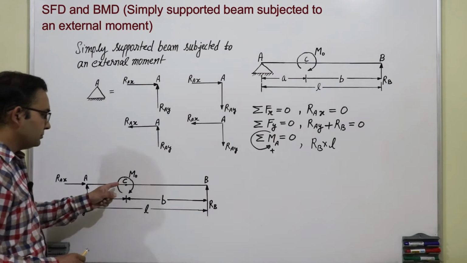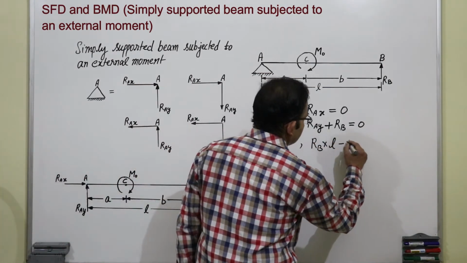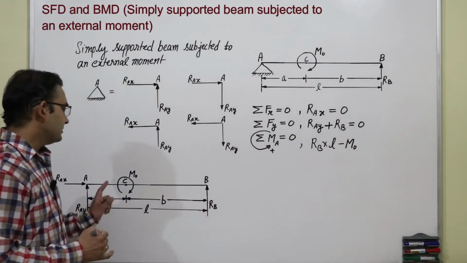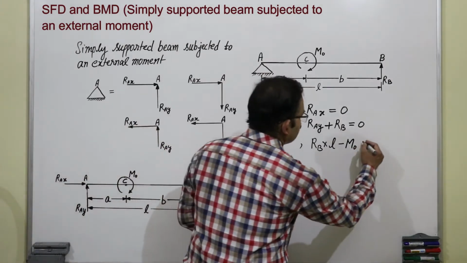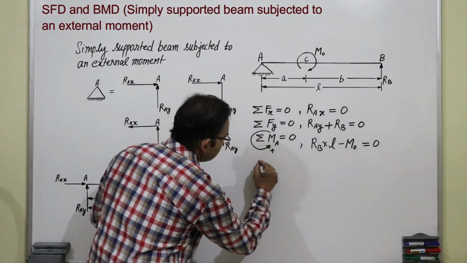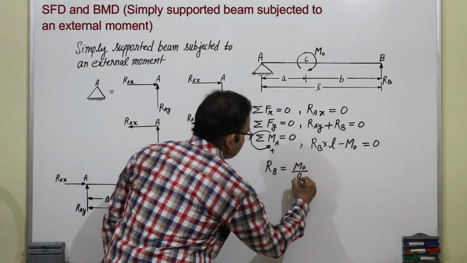So it is clockwise moment, so it will be negative, minus M0, and the sum of all moments will be equal to 0. So we can calculate RB equal to M0 upon L.